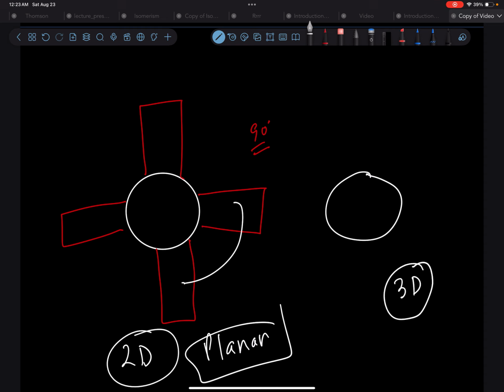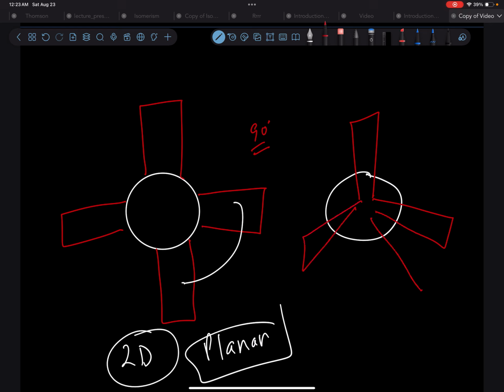So when you do that in 3D, you can try this by taking clay dough and toothpicks. The only possible arrangement which is the most stable would be when your four blades are in three dimensions, at 109 degree 28 minutes from each other, that is, the angle between them is 109 degree 28 minutes, right?